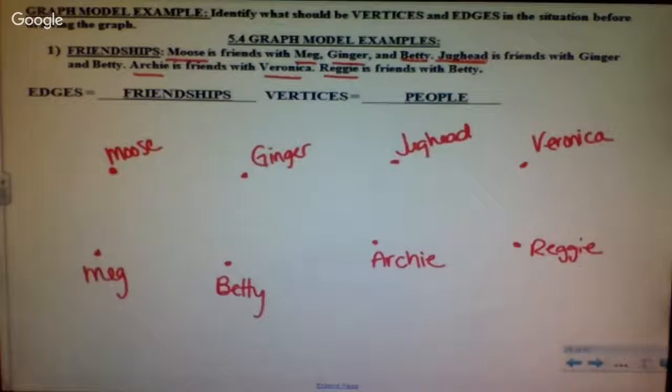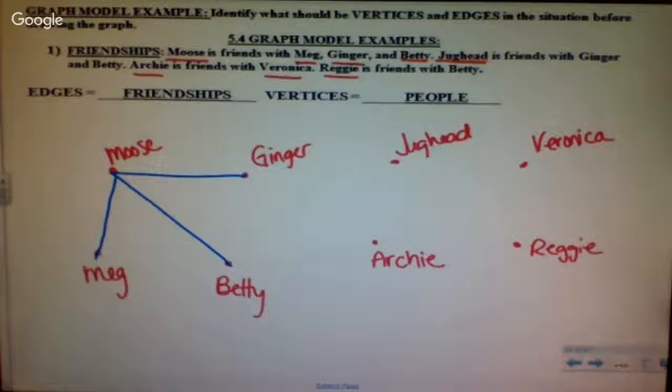So now, the edges that we draw between our vertices have to represent the friendships that they have. So, our first line says, Moose is friends with Meg, Ginger, and Betty. So, Moose should have an edge that connects him to Meg, to Ginger, and to Betty.